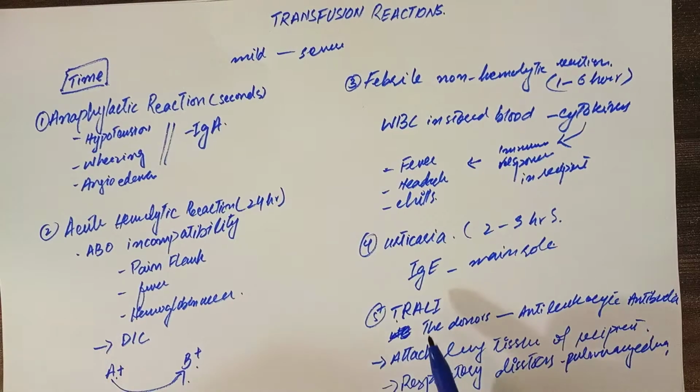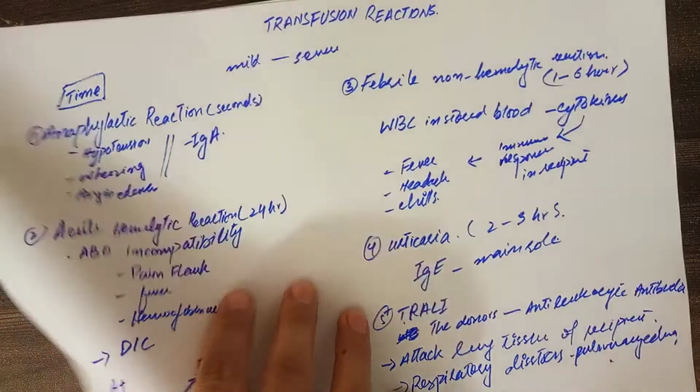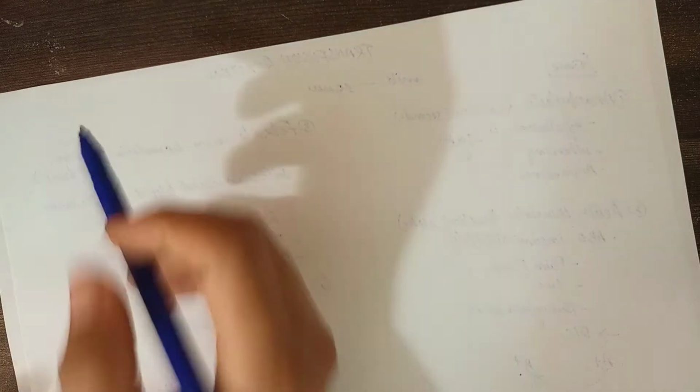So if your patient who is undergoing blood transfusion presents with respiratory distress and pulmonary edema, don't forget to include TRALI in your differentials. The next related one is the TACO.